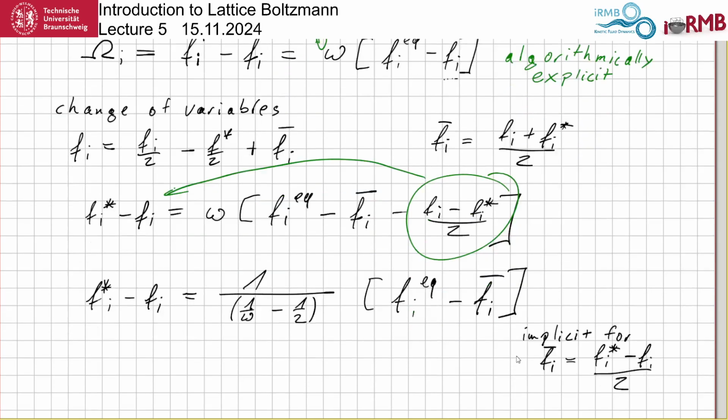Now the interesting thing here is that the equation we want to solve is implicit, but the algorithm that we actually use for solving this implicit thing is an explicit equation. So we have an explicit algorithm that solves an implicit problem.